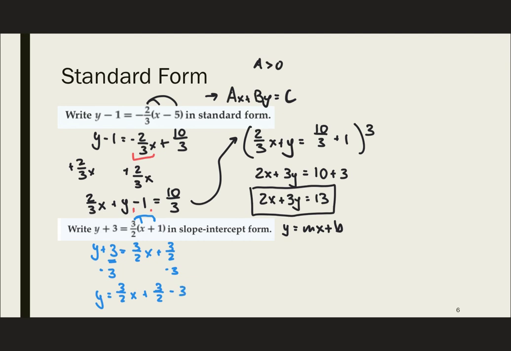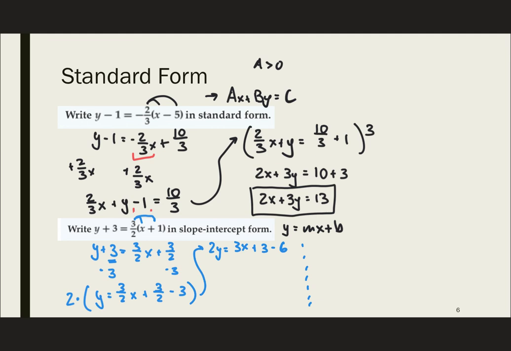Now from here, we have two options. The first option is we can multiply the entire equation by a 2 so we can cancel out all of our fractions. That's what we did beforehand. So multiply everything by 2, and I would have 2y is equal to 3x plus 3 minus 6.